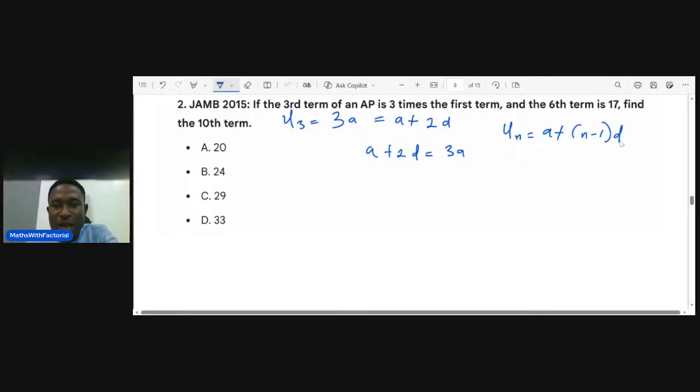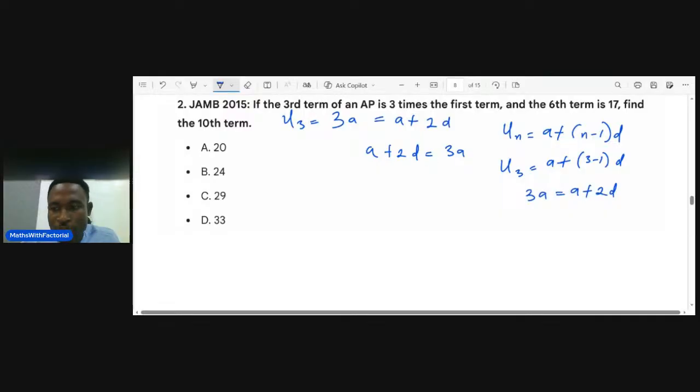This is the same formula I applied here. So if n here is 3, your A, they didn't give us that. N is 3 minus 1 into bracket D. So this one, which is U3, don't forget they say it's 3 times the first term. So meaning this one will be equal to 3 times A. So 3A equals to A plus 2D. That's what I just did.